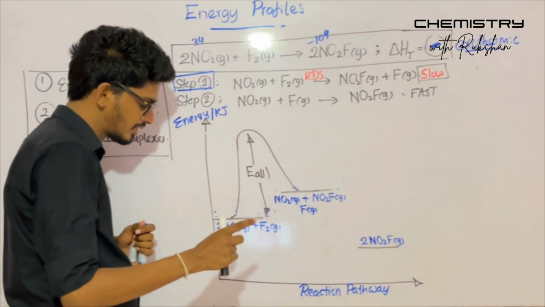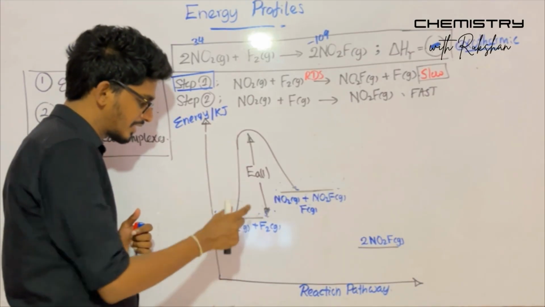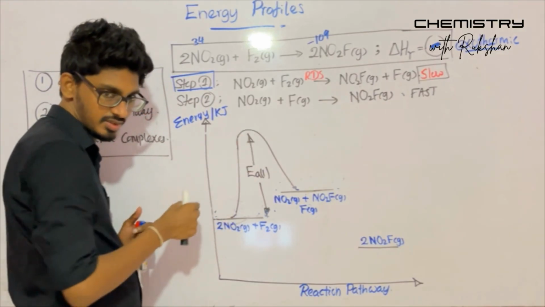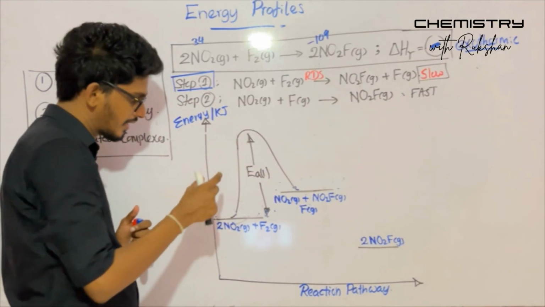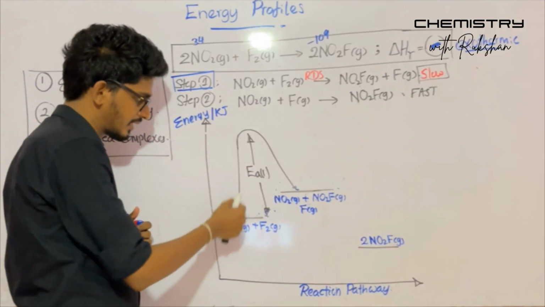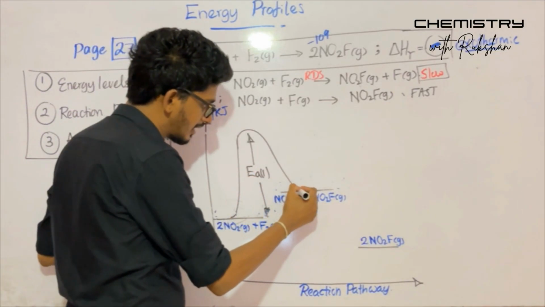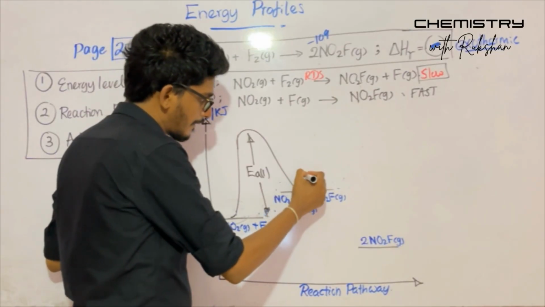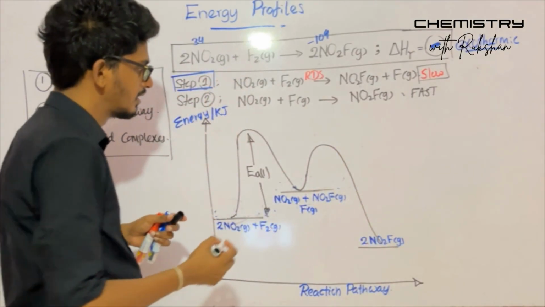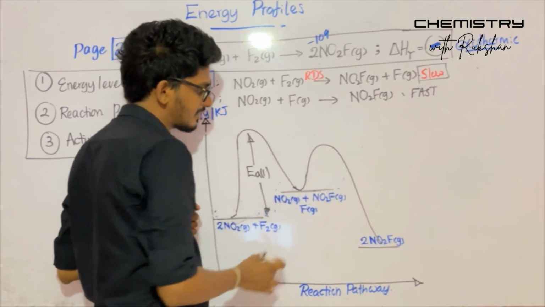So what does activation energy mean? Activation energy means the energy difference between the reactants and the peak of the first state. That is the activation energy of the first step. The activation energy of the second step means the height between the reactants and the peak of the second state.